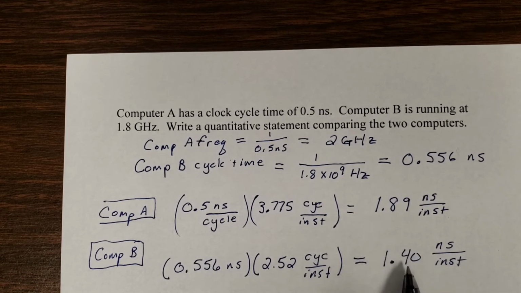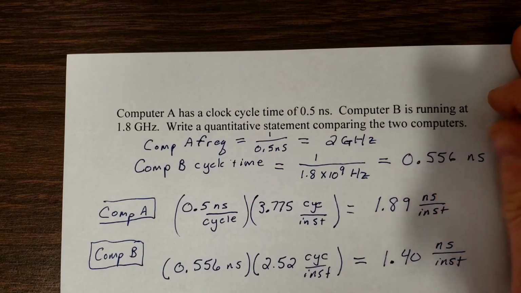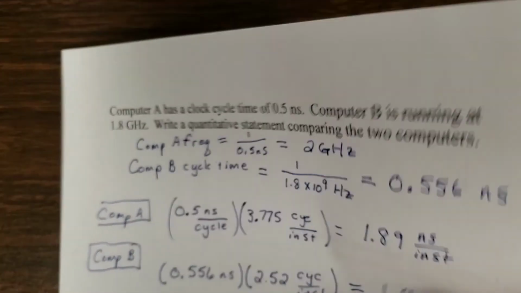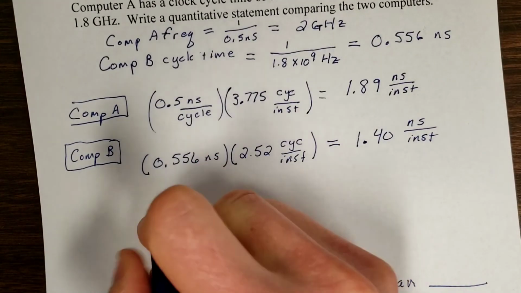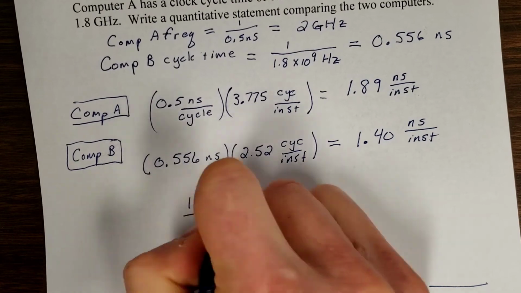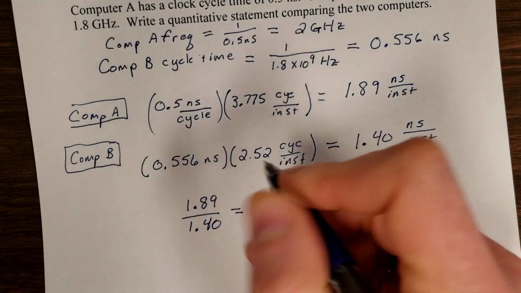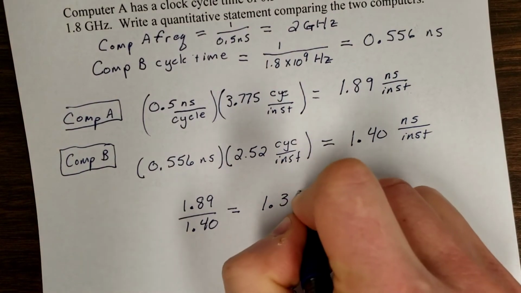So now we say which one is slower, which one's faster. I'd much rather have computer B in this case, but the ratio is always the bigger number on top because we want to have a number greater than or equal to 1. In computers, the slower time is the worse computer. So then we have 1.89 divided by 1.4, and that is going to be equal to 1.35.